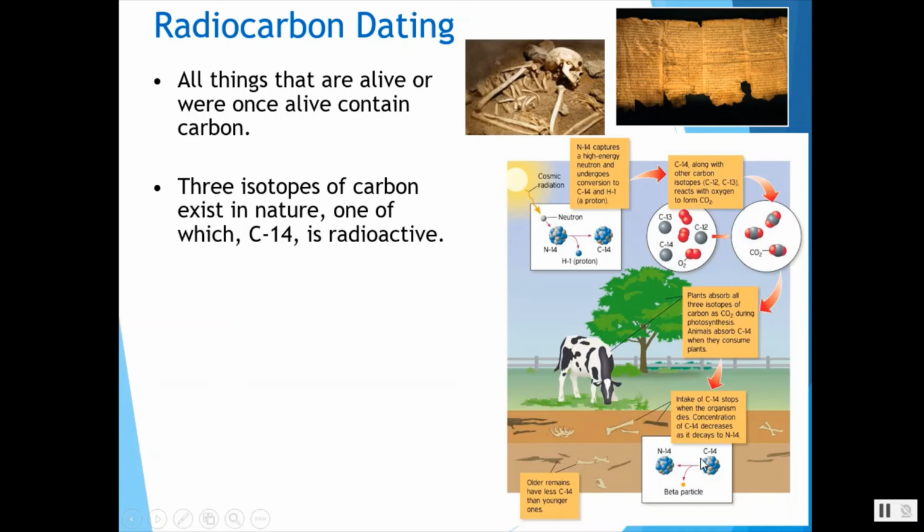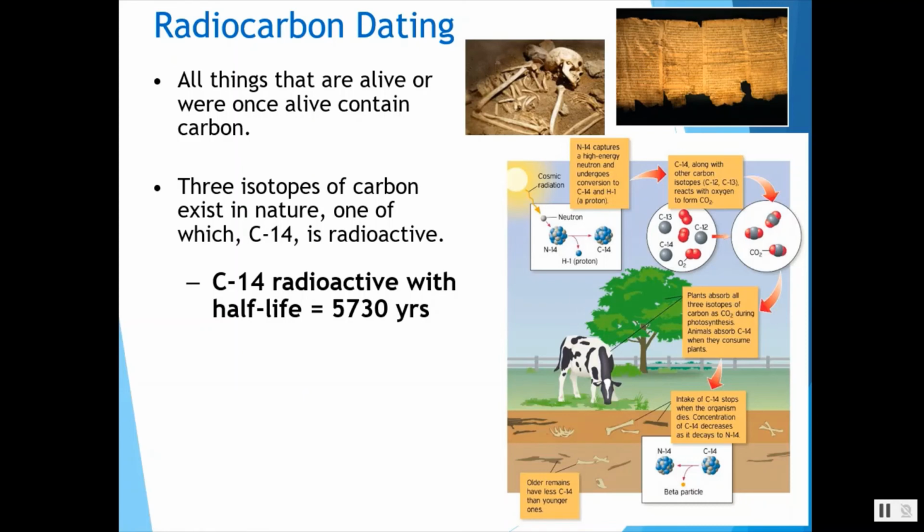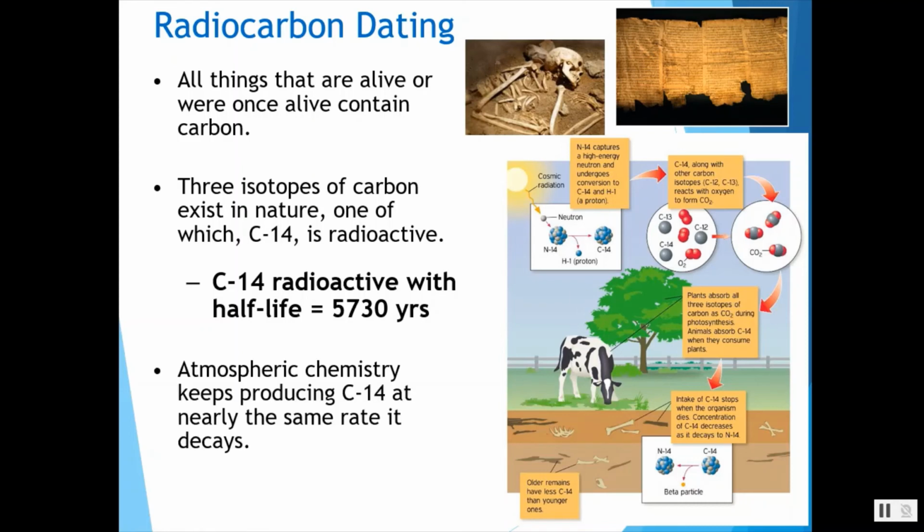So then we can look at how much carbon 14 is present, because that carbon 14 is unstable and will eventually emit a beta particle to go back to nitrogen 14. And then we can use the half-life of carbon 14, which is 5,730 years, to approximate the age of that material based on how much carbon we would expect to be in the atmosphere.